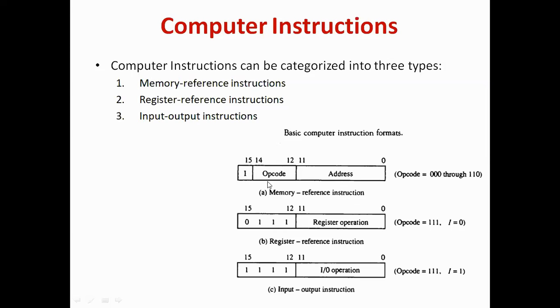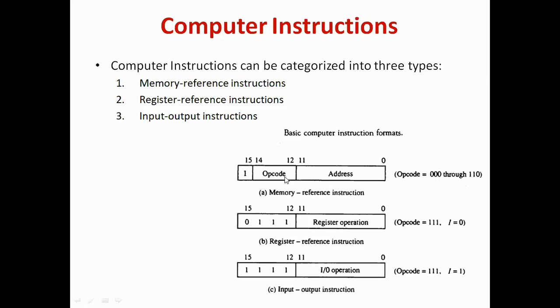And this opcode, since it is 3 bits, will range from 000 to 110. So the opcode may be 000, 001, 010, and so on up to 110. In decimal, that means 0 to 6.